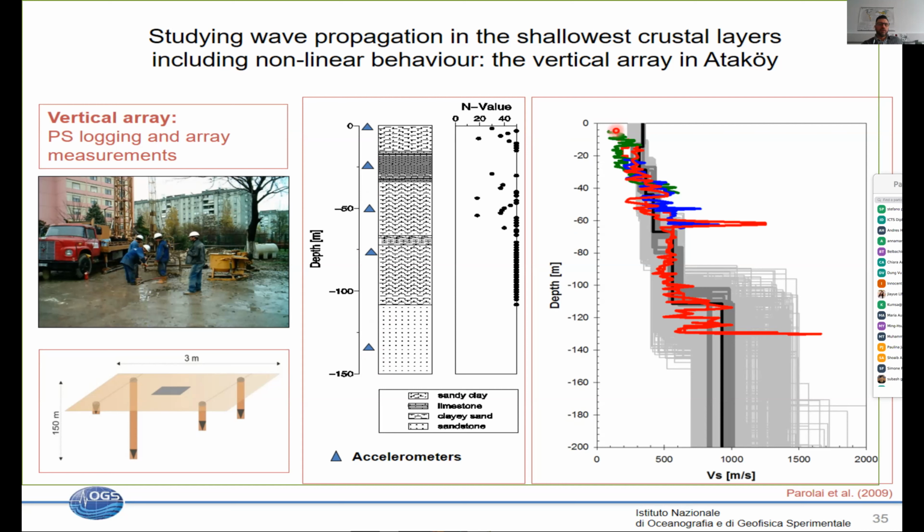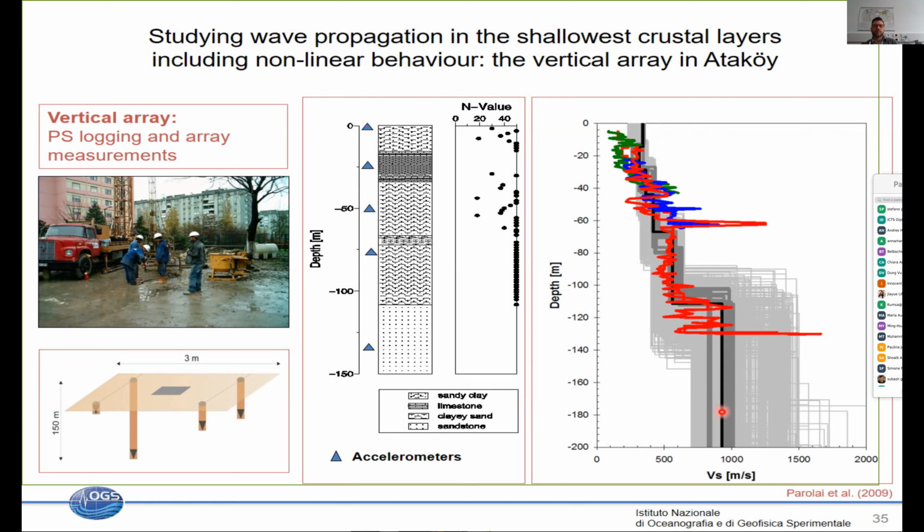And for the boreholes, we also estimated the shear wave velocity with different methods. The red, blue, and green lines are the shear wave velocities estimated using downhole measurements called PS logging, while the black line were measurements that we have done using simple seismic noise arrays.